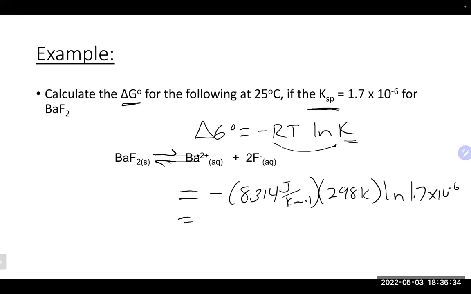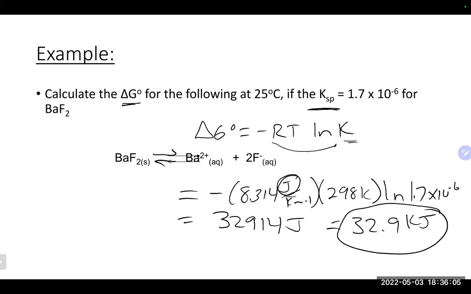If we do all that, 298 and 8.314, remembering not to forget about the extra negative there, we get 32,914. These would be in joules, which if we divide by 1,000, puts us at 32.9 kilojoules in this case.